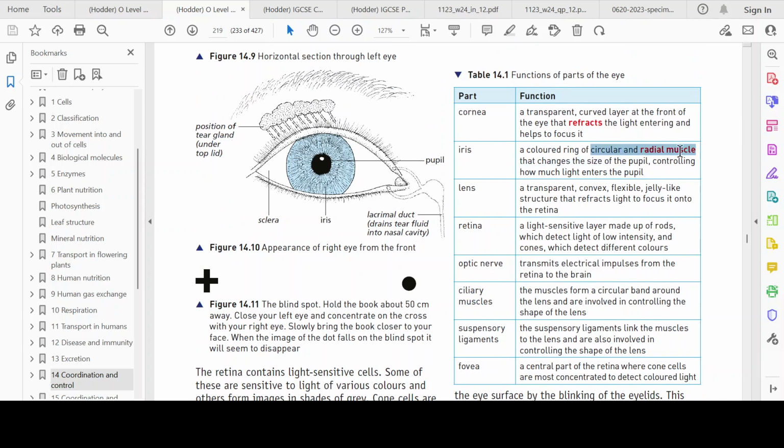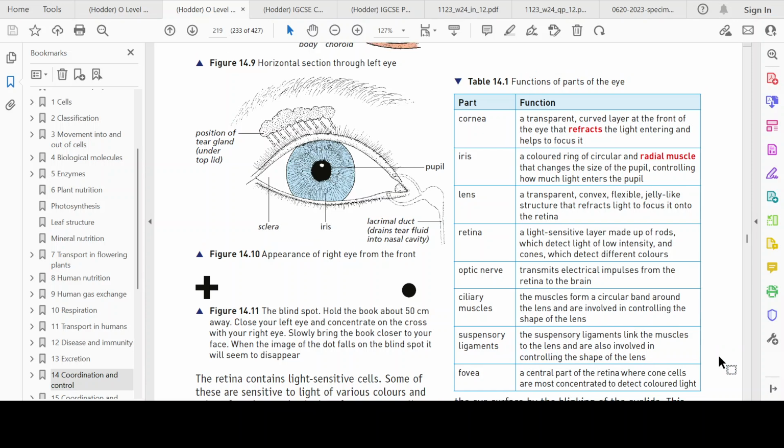The circular and radial muscles control the size of the pupil, while the ciliary muscles control the thickness of the lens. Finally, you have the suspensory ligaments, which link the muscles to the lens and are also involved in controlling the shape of the lens.